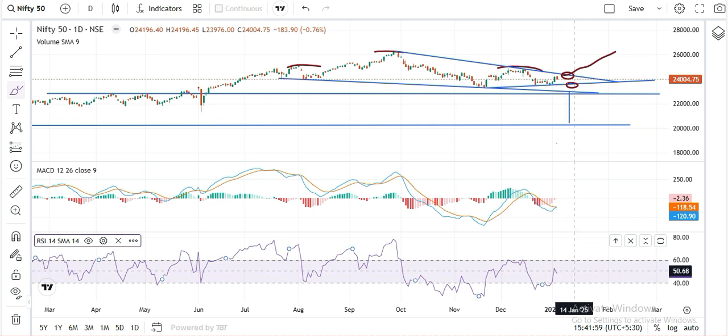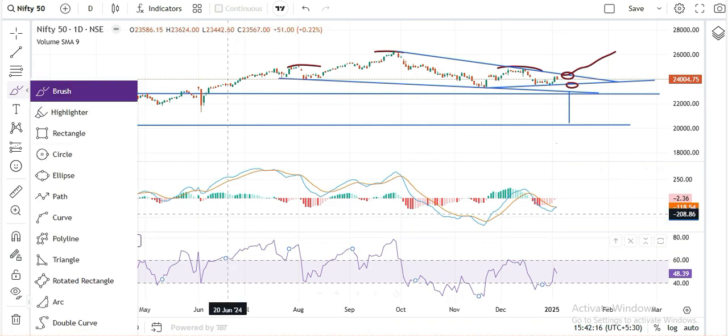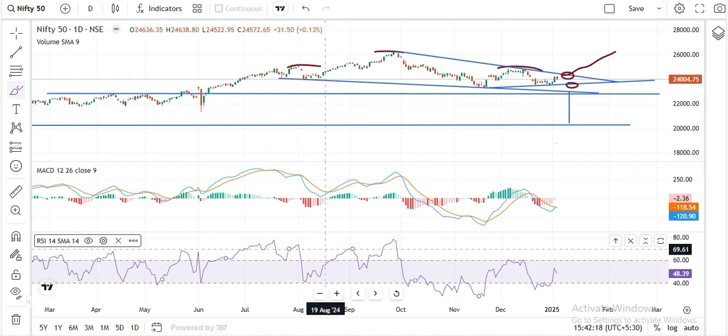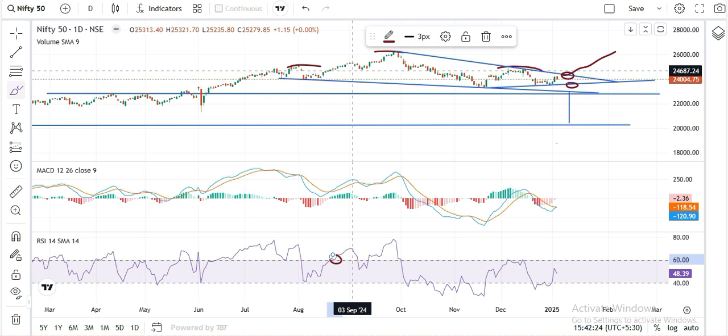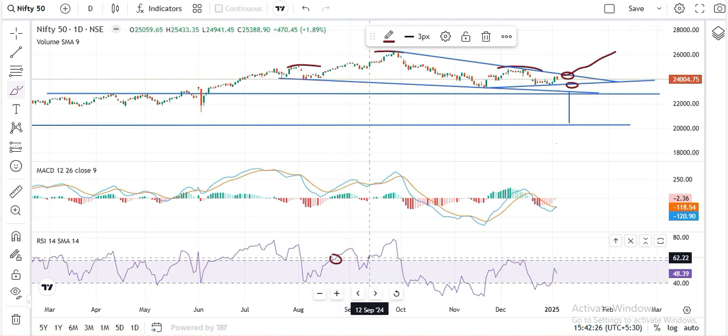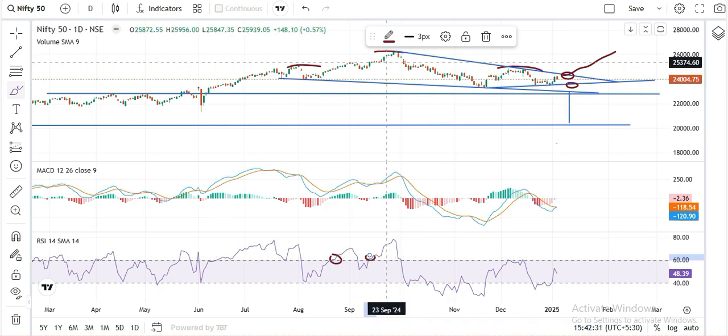This is the general indication, RSI indicator. If this indicator crosses this 60 line, in that case you can expect a Nifty to move very high. And each and every time when this 60 is crossed, you can see a hike in the market. Similarly, on the lower side, when all that 40 zones are broken, you can see there's some sort of weakness in the market.